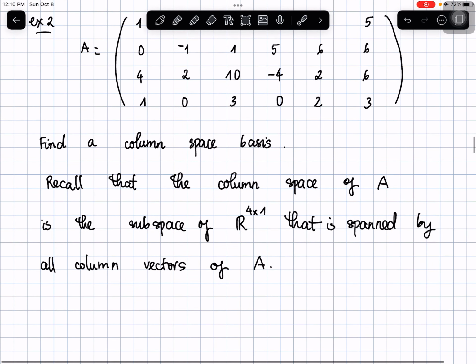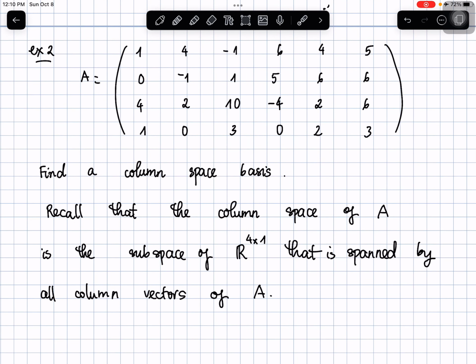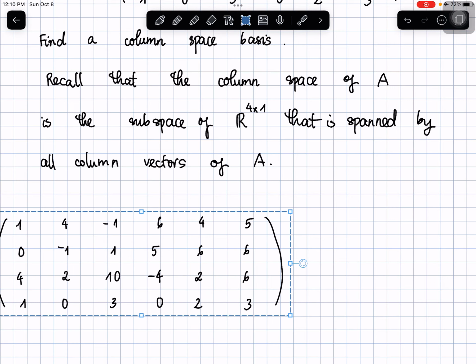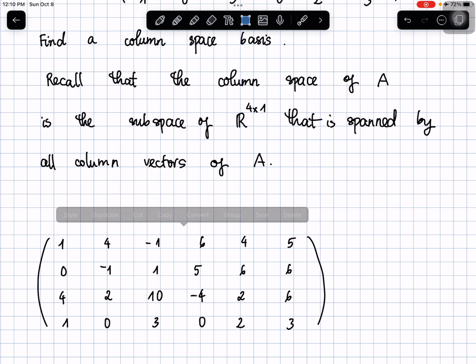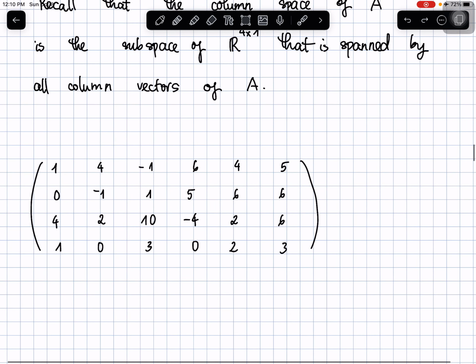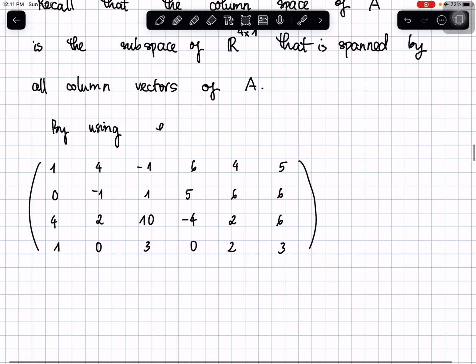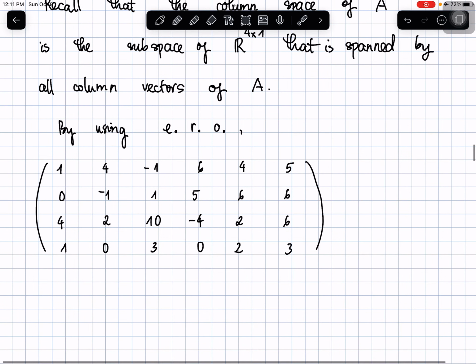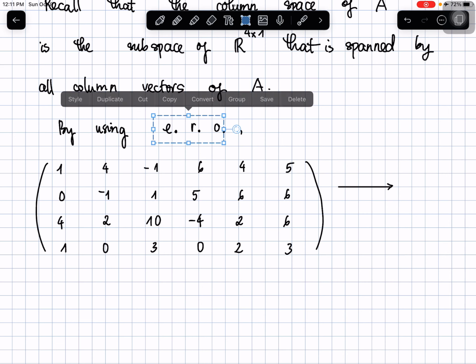Okay, so now how to do that? We will just transform this matrix to row echelon form or reduced row echelon form, using elementary row operations.